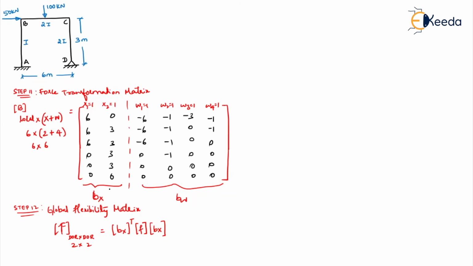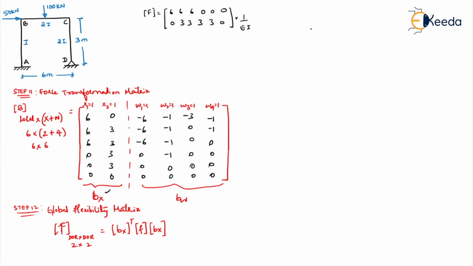So let me do the substitution. So Bx transpose is this transpose, right? So write it here. F is what? Bx transpose. That's 6, 6, 6, 0, 0, 0, 0, 3, 3, 3, 3, 0 into F. F is what? 1 by EI. Already we have done here.